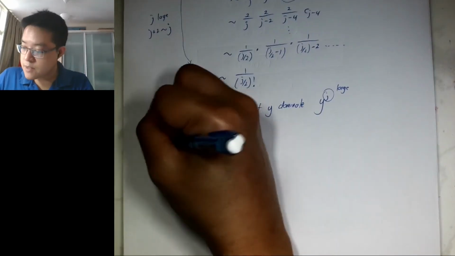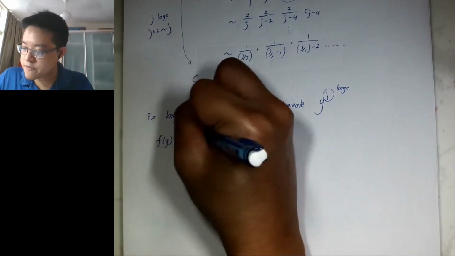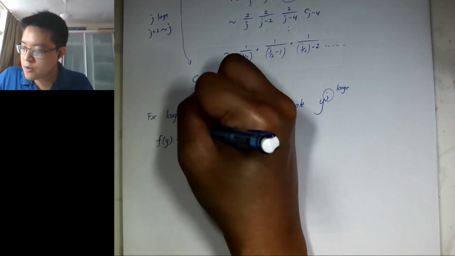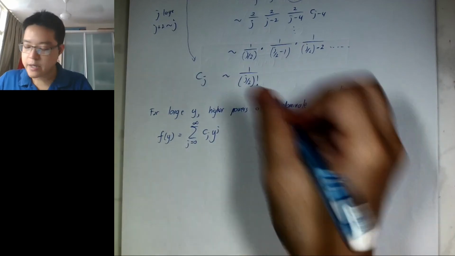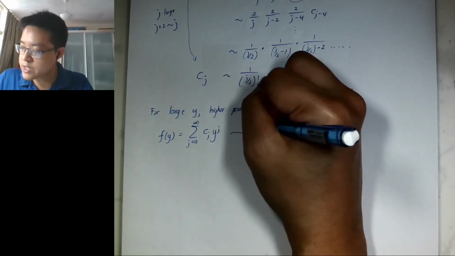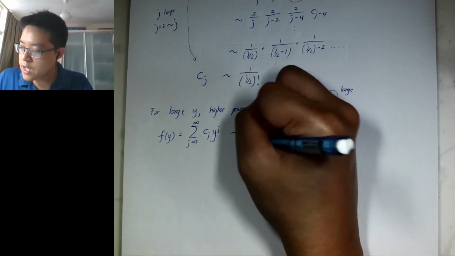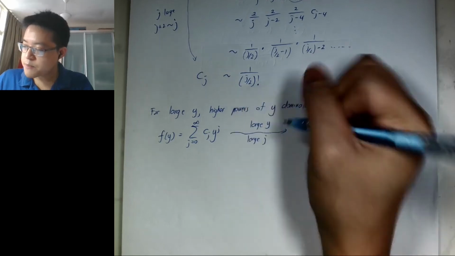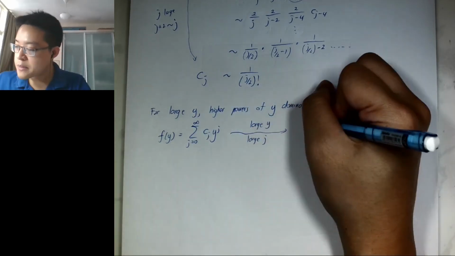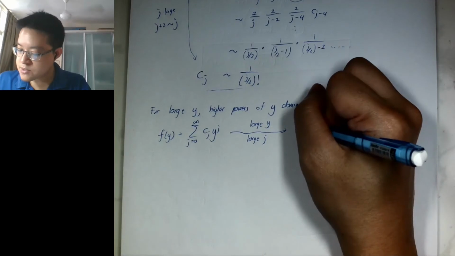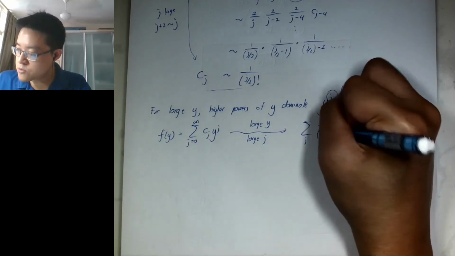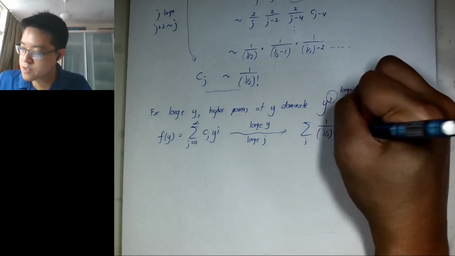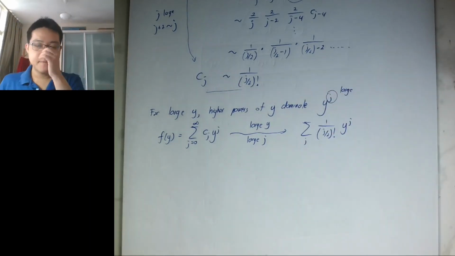So let's look at what happens to my series of f. My series of f originally is just the sum of Cj yj, right? But when I look at large y, the large j points are important. So the Cj becomes this. So it is approximately the sum of 1 over j over 2 factorial yj, right?